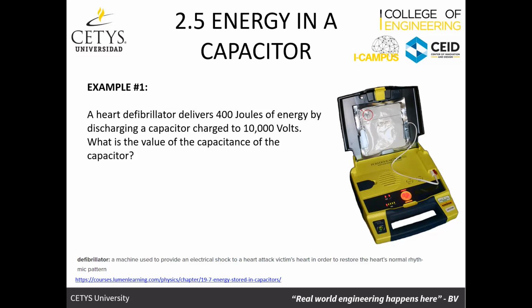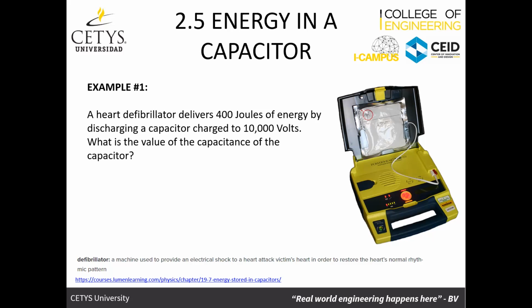What is the value of the capacitance? What size of capacitor does the defibrillator need in order to give out 400 joules of energy when it has 10,000 volts connected to it? Joules are the units for energy.